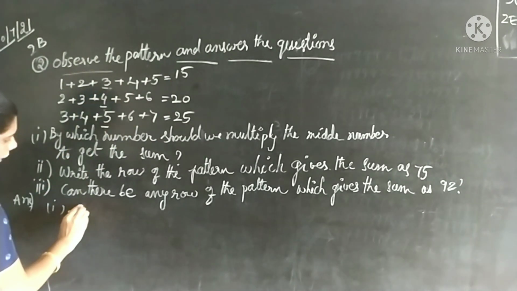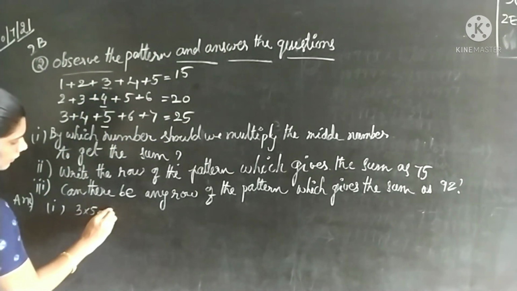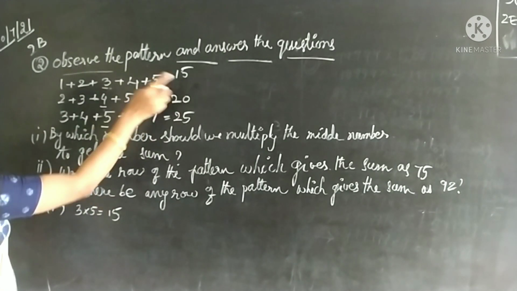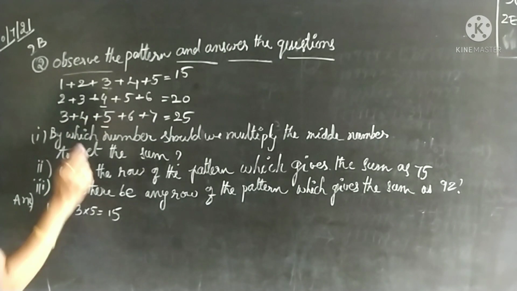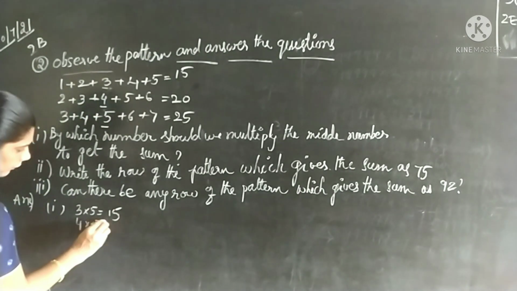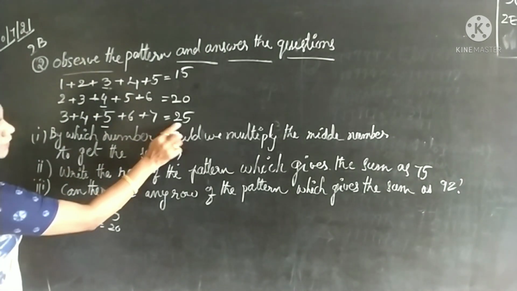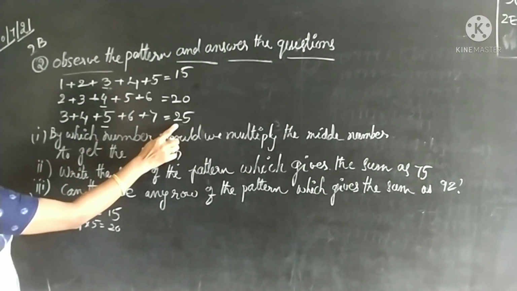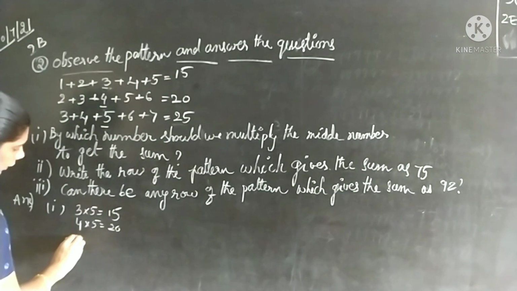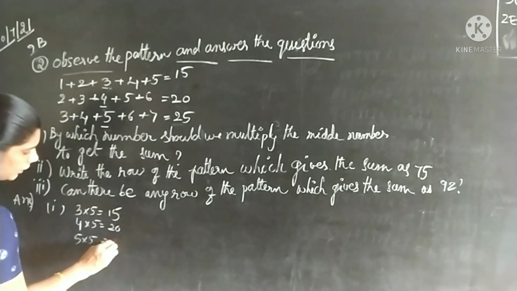So how much do I have to multiply this one to get this 15? 5. So 3 5s are 15. So you got here 3 5s are 15 only. Next step, 4, to get this 20, how much do I have to multiply here? Again with 5 only. 4 into 5, you are getting here 20. So to get this 25, here the middle number is 5. How much do I have to multiply here to get this 25? With 5 only. So 5 into 5, you are getting here 25.